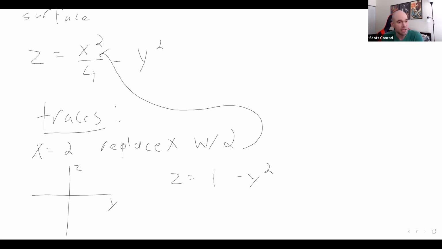And the z-intercept is going to be 1 in this case. It also has some y-intercepts, plus or minus 1. We can do that just to be thorough. But that's going to be the trace x equals 2. So we intersect this surface with the plane x equals 2, and we get this parabola.